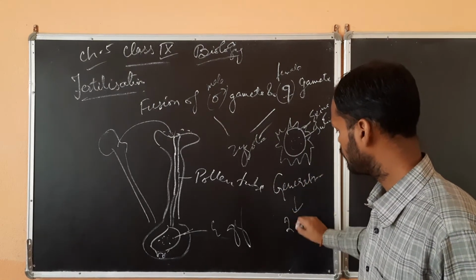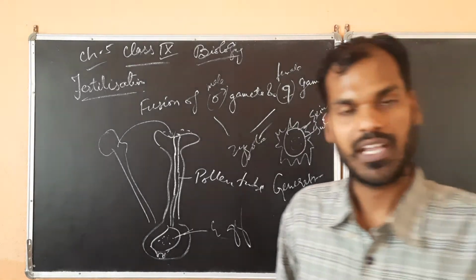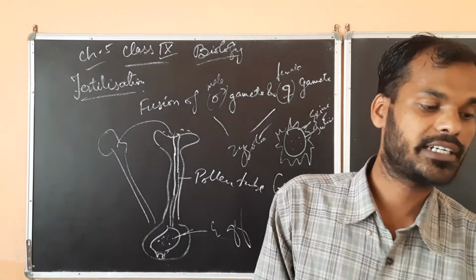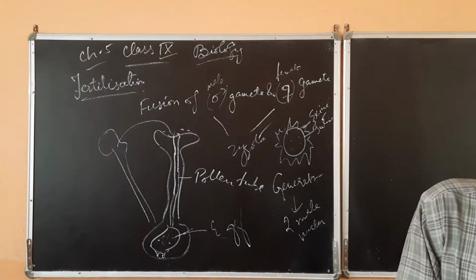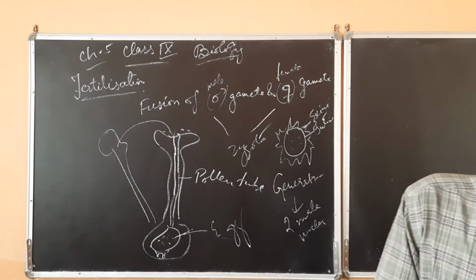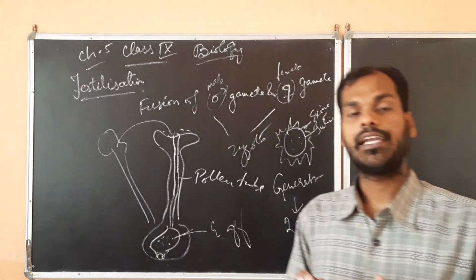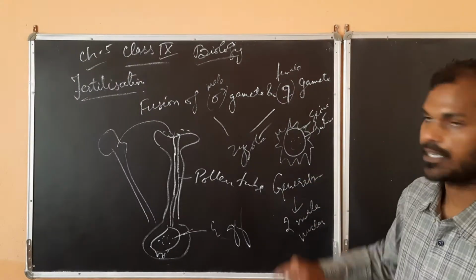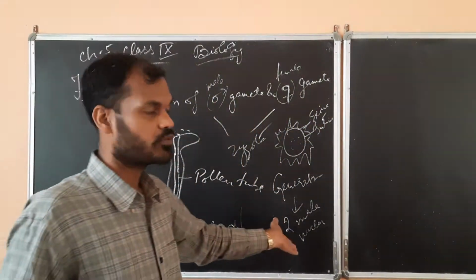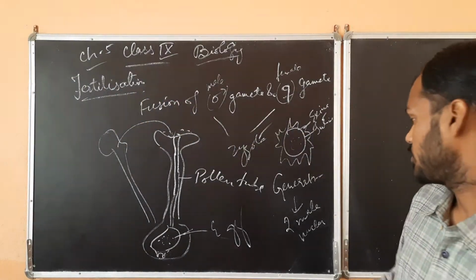The generative nucleus breaks into two male nuclei, and the vegetative nucleus is responsible for forming the pollen tube. So first the vegetative nucleus forms the pollen tube, and then the generative nucleus forms two male nuclei. Okay, and now see what will happen.